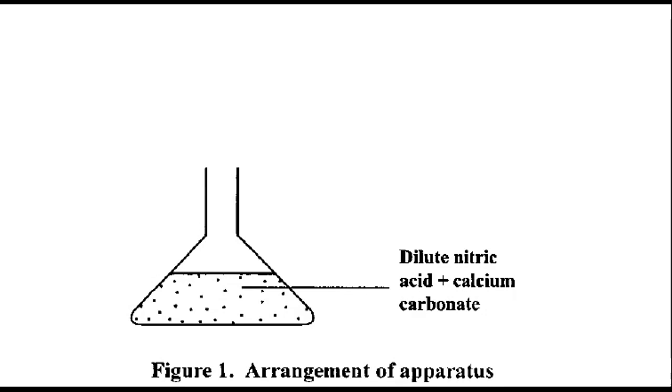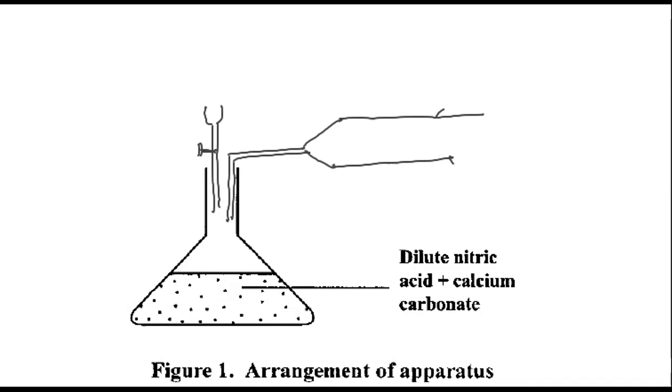So what's missing? Let's get right into it. This is for the thistle funnel. It doesn't play a big role in measuring, but it plays a big role in releasing the amount of acid needed, even though we're seeing where everything is already in the container or the conical flask. This is our delivery tube, which would take us to our gas syringe.